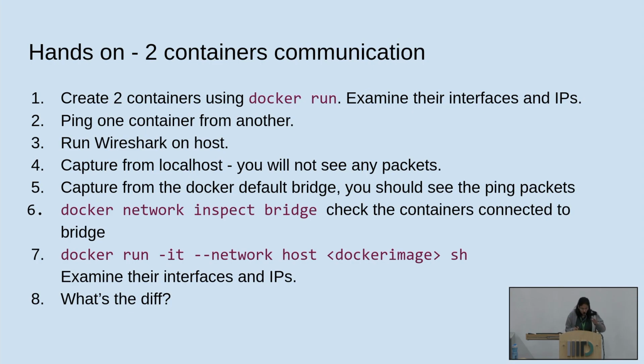To do that, run docker network inspect bridge on the machine on which Docker is running, be it your laptop or your VM. What did you guys see? It's a huge message printed.